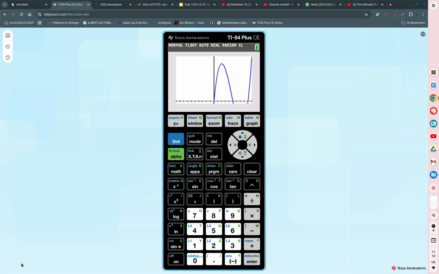How do I calculate the maximum using my calculator? Second, calc, Max, maximum, number 4. Then you go over to the other side of it. So I'm going to go to the top, then to the left, and then to the right.